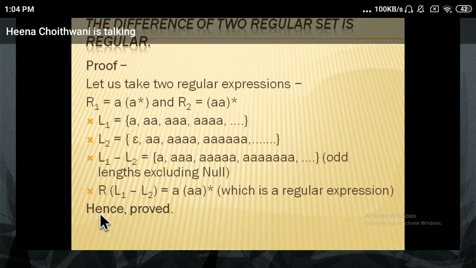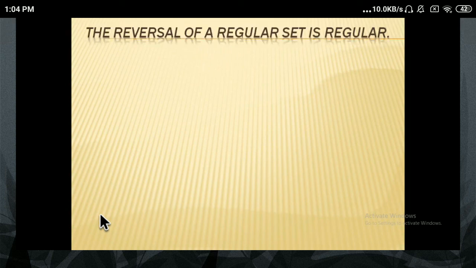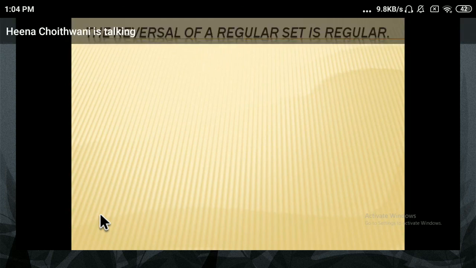Okay, let's proceed. The next one was on reversal. That is the last one, right? What does reversal mean? If we have a string AB in my set, if you take a reverse of that set, that string will become BA. Okay, so let's see.